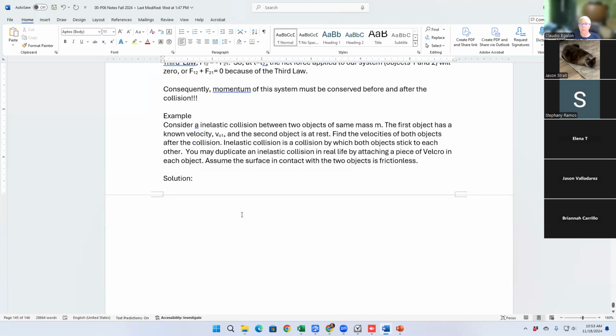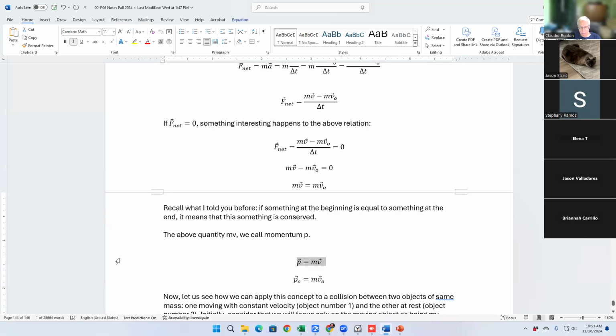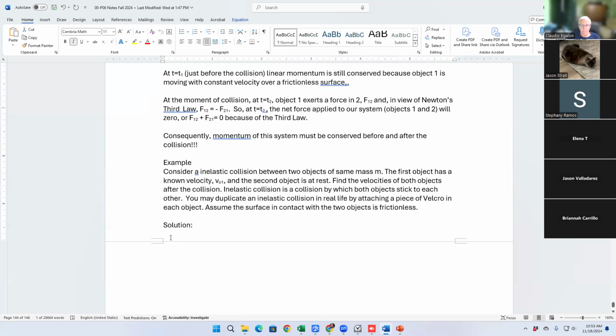First, what do we know? Net force is 0. Consequently, initial momentum must be equal to final momentum, right?